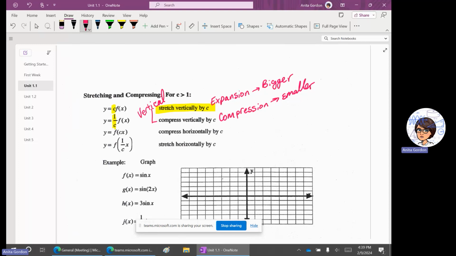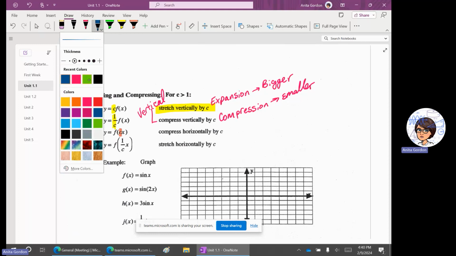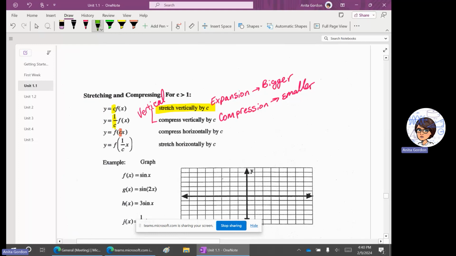Vertical compression, vertical expansion. Okay, now again, when we put the C in the X, this is a compression by C, or again, I'm just going to use a different color here to make sure we are identifying. This is horizontal. I'm just going to use an H. I don't want to spell out the whole word. And we're doing the inverse.